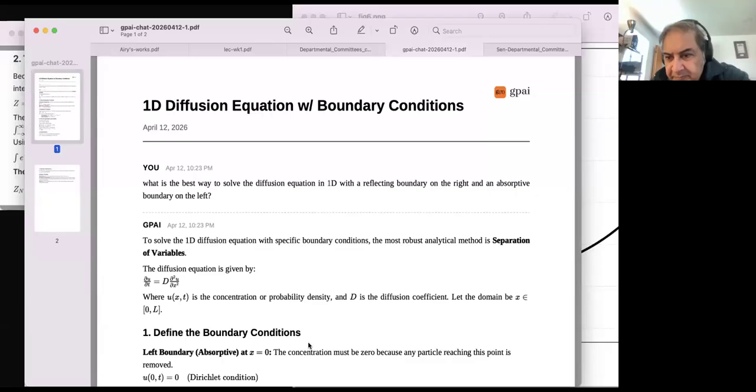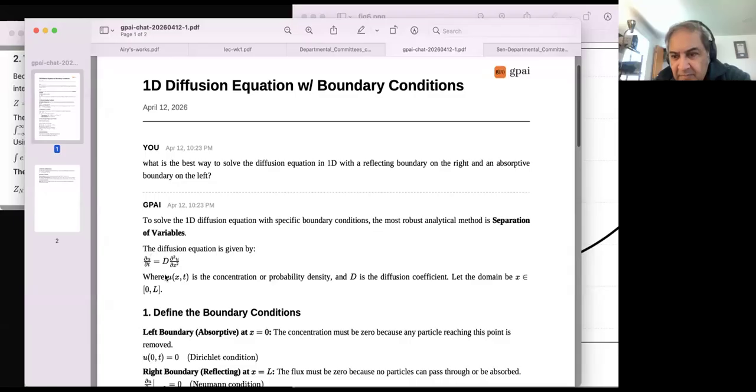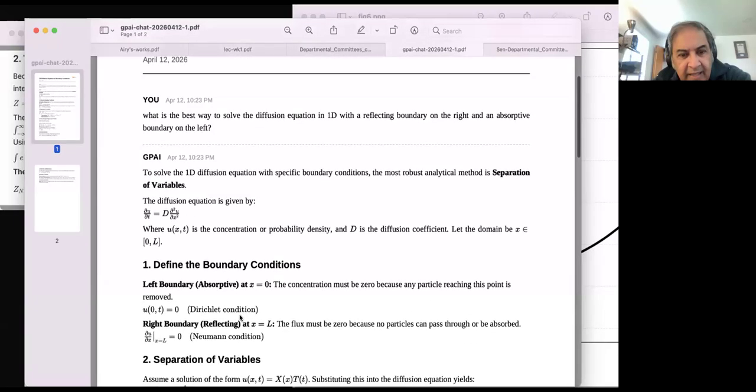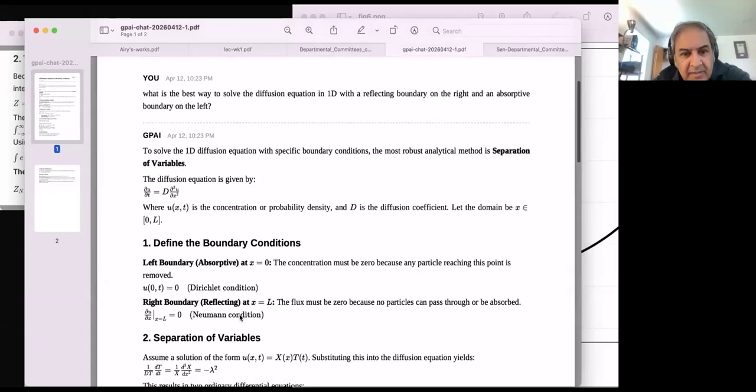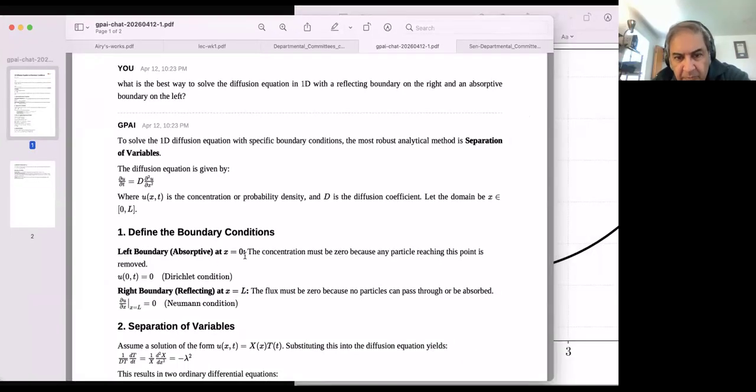You see it? Mm-hmm. So you see, this is our rho problem. And then I had given it two kinds of boundary conditions. One is an absorptive boundary condition where the particle gets absorbed when it reaches x equal to 0. And the other is a reflecting boundary condition, and the particle basically bounces back out when it's at L. You can, of course, make them both reflecting.